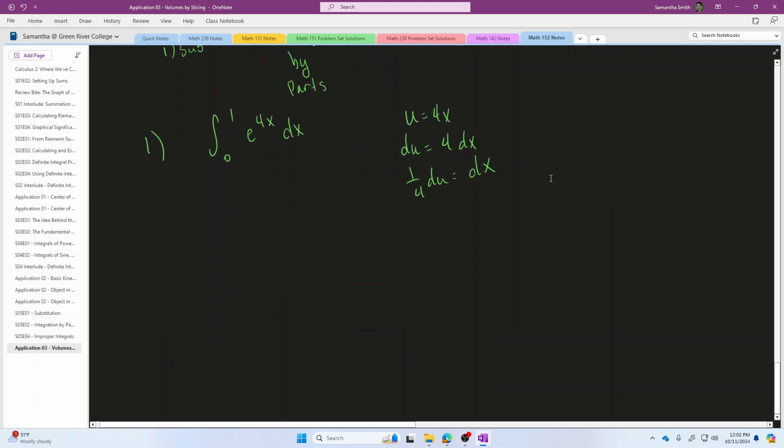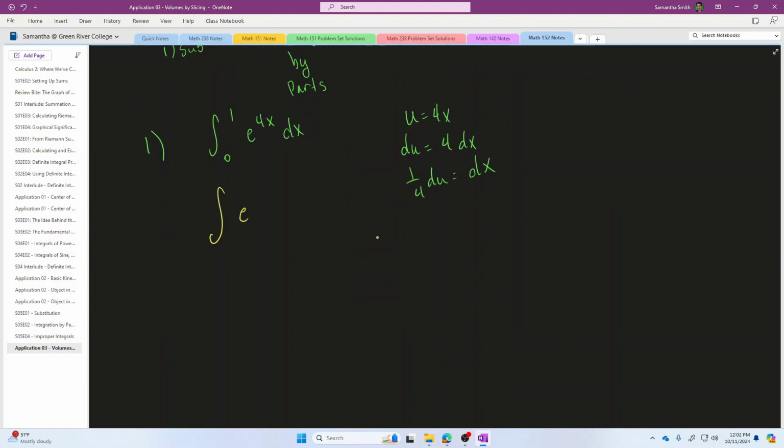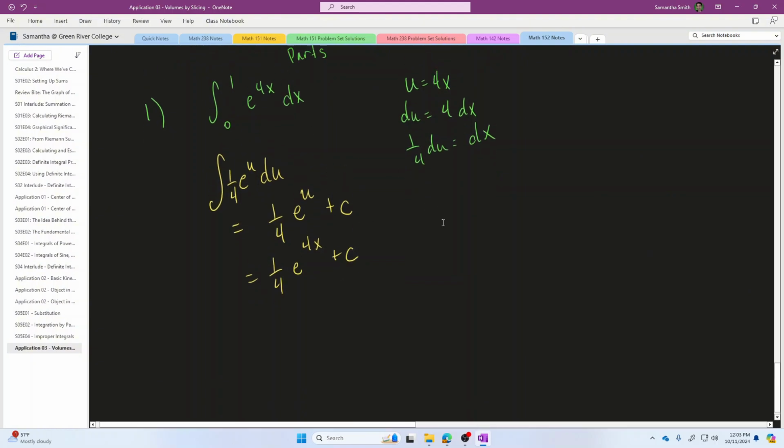If I substitute that information into this integral, then I am integrating e to the u du times 1/4. The antiderivative of that is e to the u, once again, plus c, and then I will replace u with what it truly is equal to, 4x plus c. That's the integral of e to the 4x.